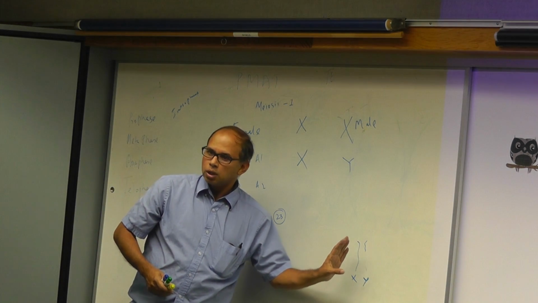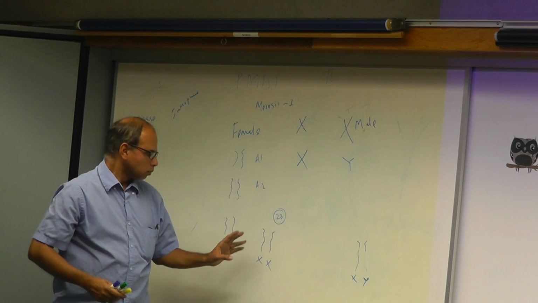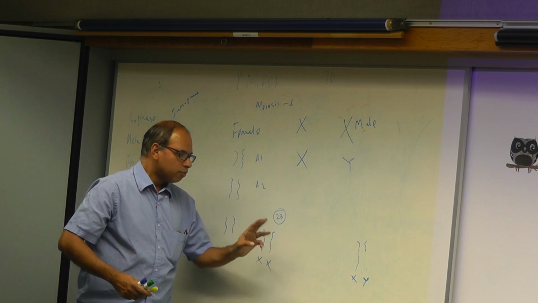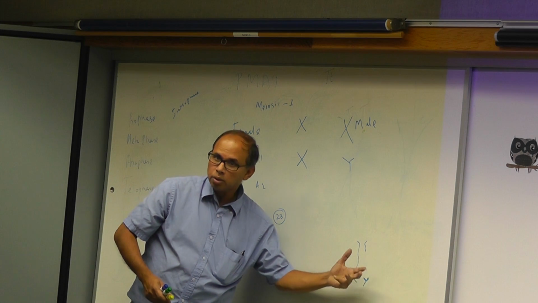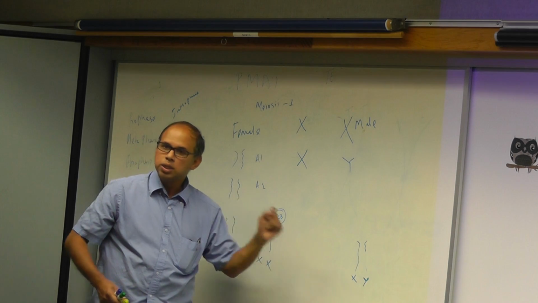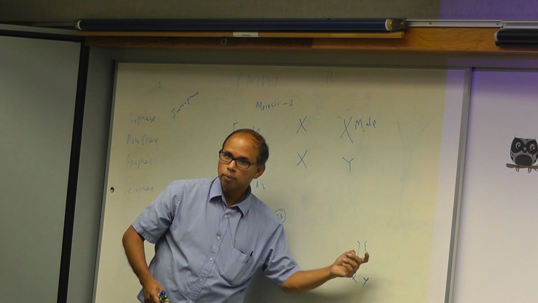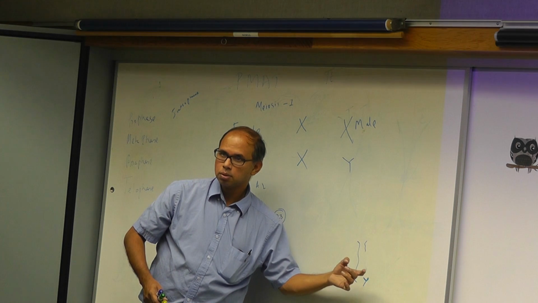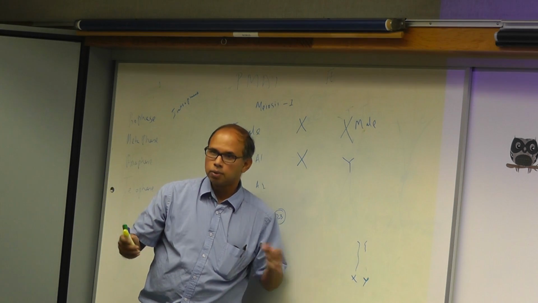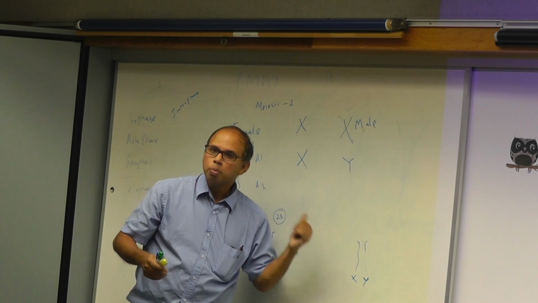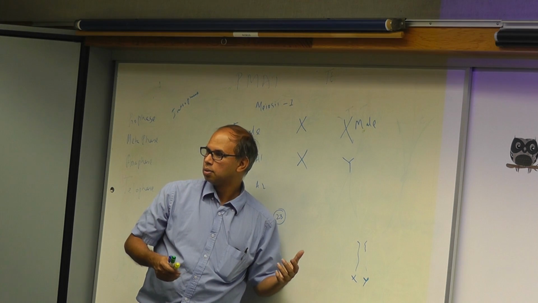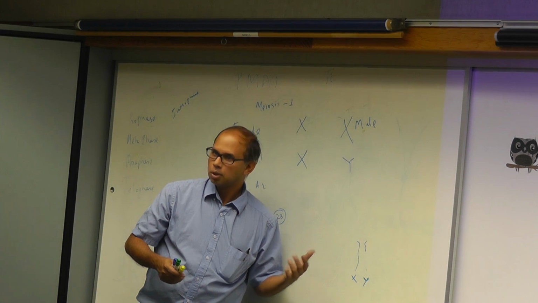Now, you can imagine that males and females have a 23rd chromosome which is different. Suppose you had a gene in Y that was dominant and caused a disease, let's say. Would that ever show up in a female? No, right? That's a separate gene.